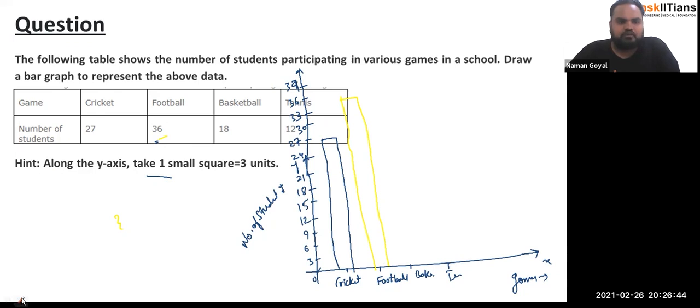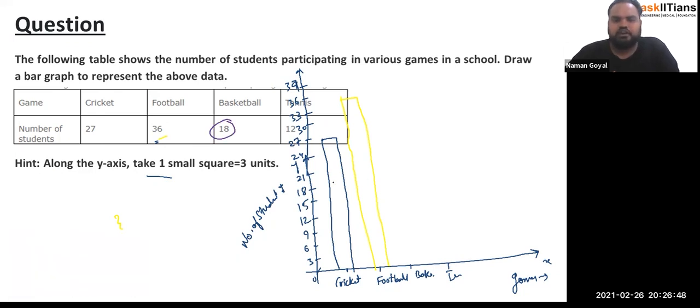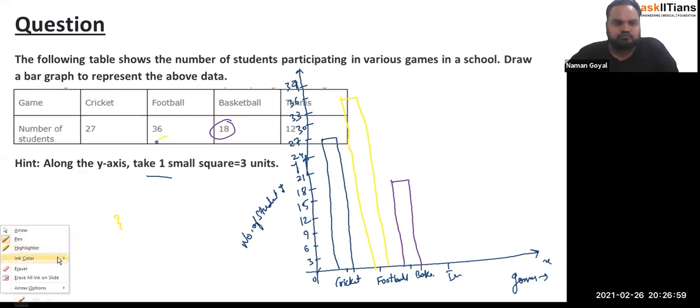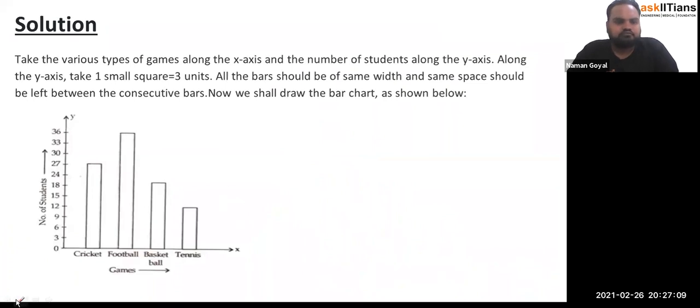For basketball, we have to draw for 18. For tennis, 12. Like this. So this is our required answer. Let me show you the perfect graph.